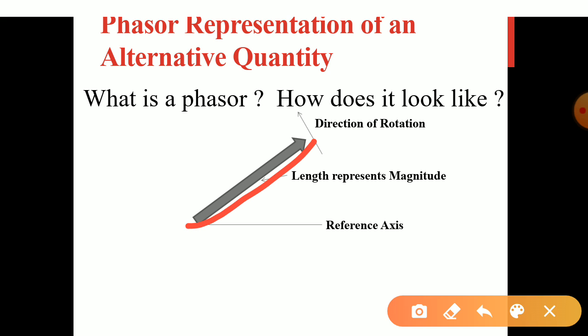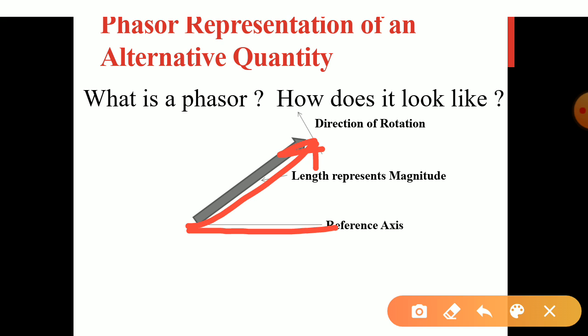Now, this is our phasor. In order to draw this phasor, for our reference, we have shown this reference axis. Otherwise, we need not draw this. So, let us consider this x-axis as the reference axis, and this phasor has magnitude Vm.